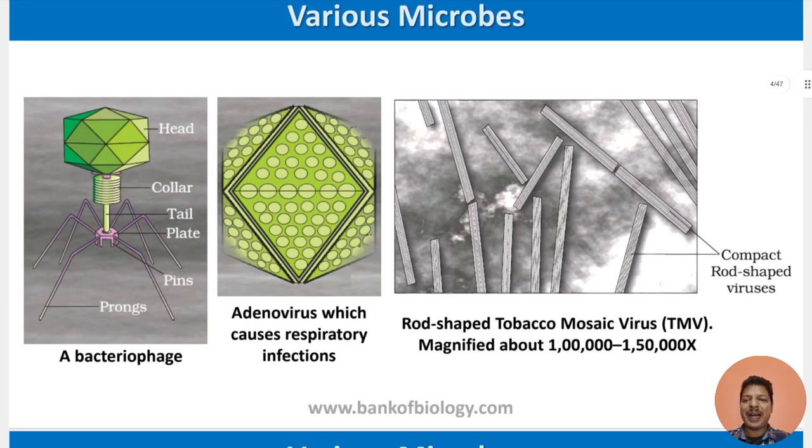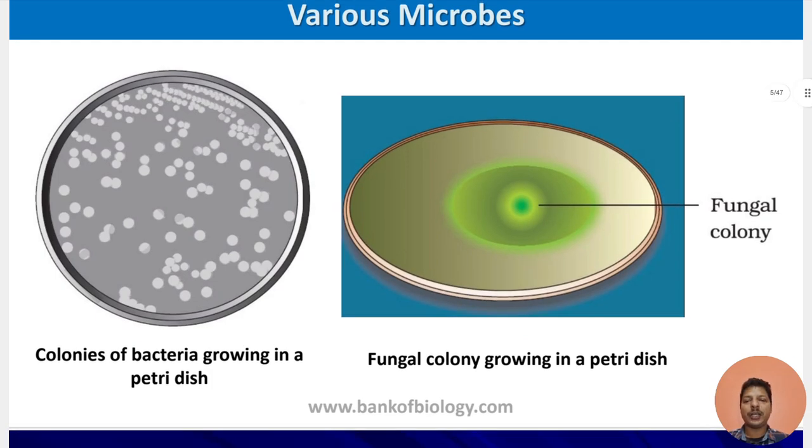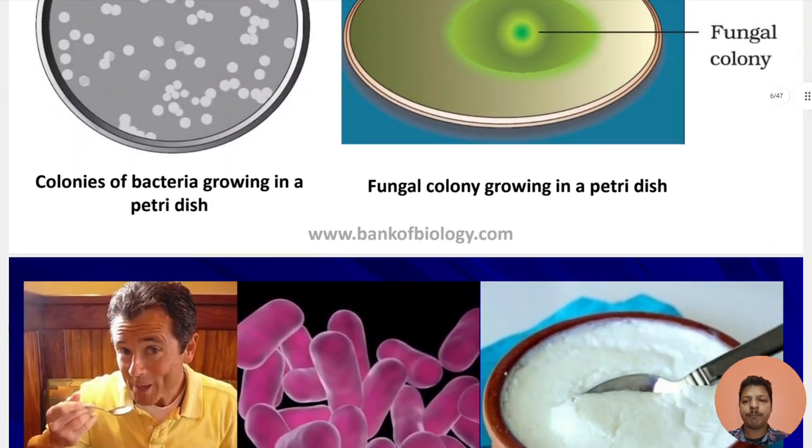Then a bacteriophage and adenovirus, which causes respiratory infections. Questions are asked about this. And rod-shaped tobacco mosaic virus. You can see the structure. Here again some more diagrams: colonies of bacteria growing in a petri dish, and a fungal colony growing in a petri dish.